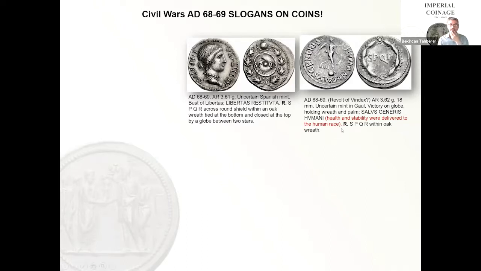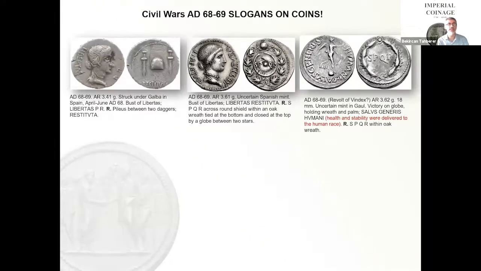And here is another coin, an uncertain mint in gold, Victory on globe holding wreath and palm, Salus generis humani, health and stability were delivered to the human race. And again, it's the people of Rome that minted that coin.